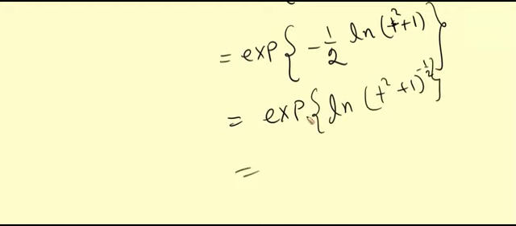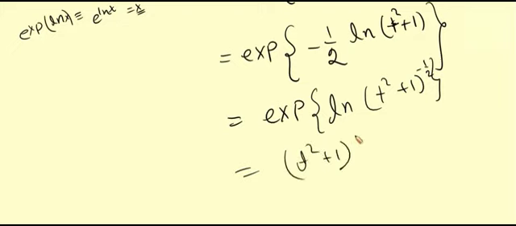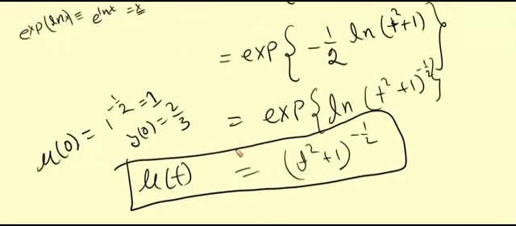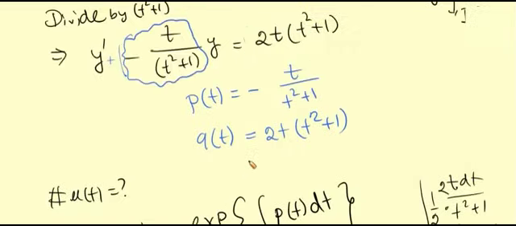And exp of ln, meaning e to the power ln, let's say x over here, is just x, right? Using this identity, we can write it as t square plus 1 to the power minus 1/2. So we are done with the first two steps, that is we found our mu of t, and we also reduced the equation into the standard form.